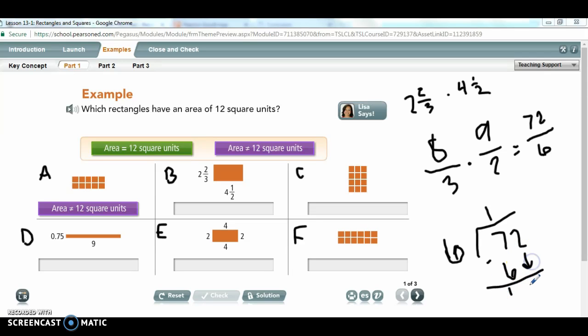You drop your 2. 6 can go into 12 2 times, and that is 12. Sorry for my crazy handwriting on this. So I have nothing left over. My answer is 12. So the area for B was 12 square units.